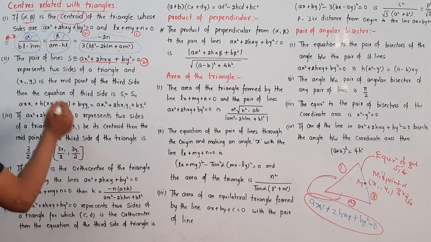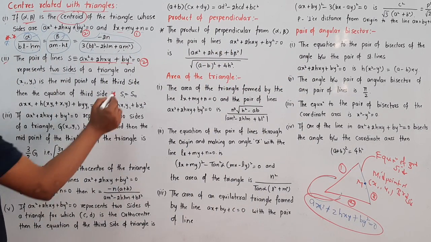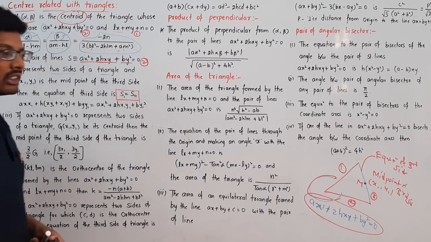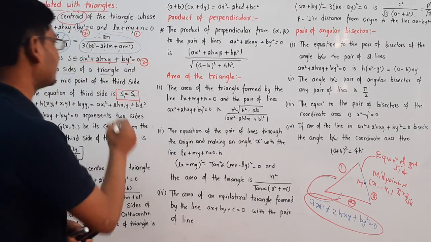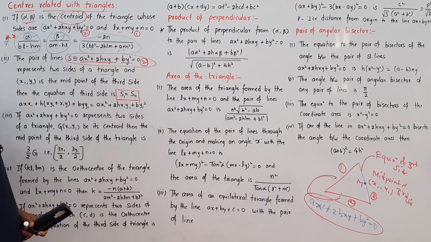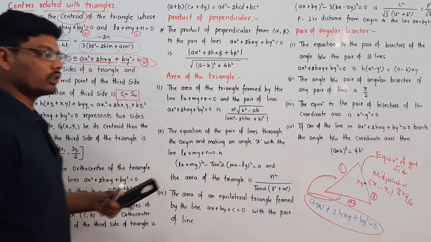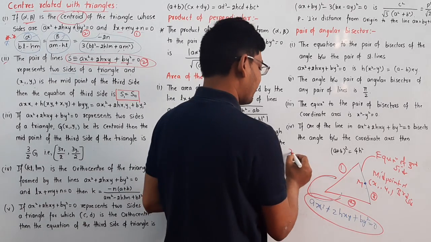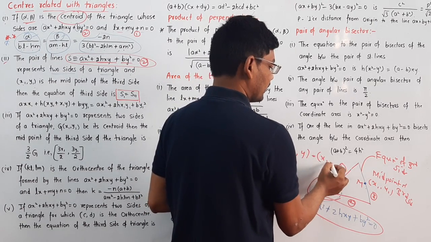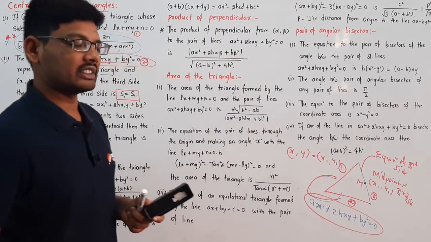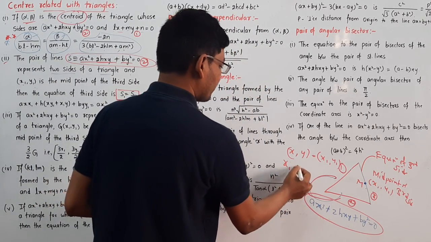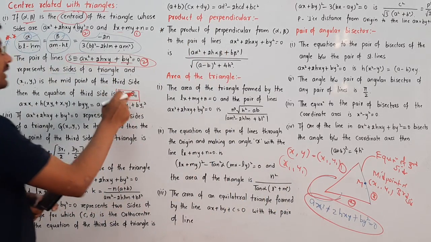This is the condition to find the equation of the third side, that is S1 is equal to S11. S is equal to 0 is the equation. S1 is obtained by substituting x1 comma y1 in place of x and y, and S11 is obtained by substituting the point x1 y1 in the expression.